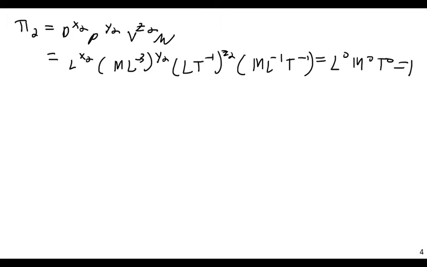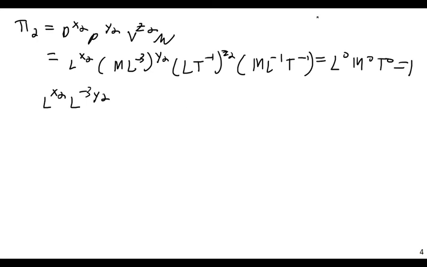And then if I distribute these down, I can look at each of them in terms of the three fundamental dimensions. If I first look at length, I can see that L to the x2 times L to the negative 3 y2 times L to the z2 times L to the negative 1 equals L0. And when I create these equations, all I'm doing is separating out one particular dimension. These dimensions don't combine together.